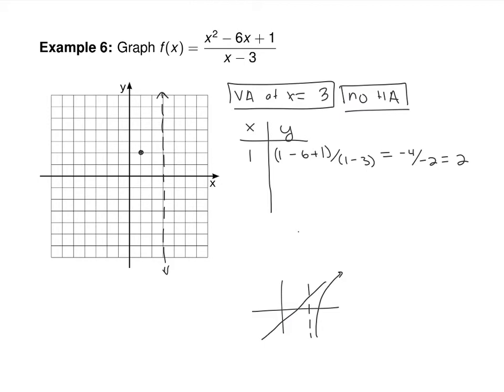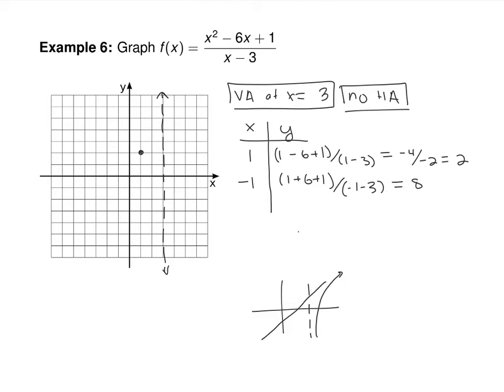Plugging in 0 doesn't work out super nice in this case, does it? So I was like, oh, I'll try -1 then. When you square -1, what happens? Positive 1. Does it make sense that I would then get plus 6 plus 1? Okay. Over -1 minus 3.